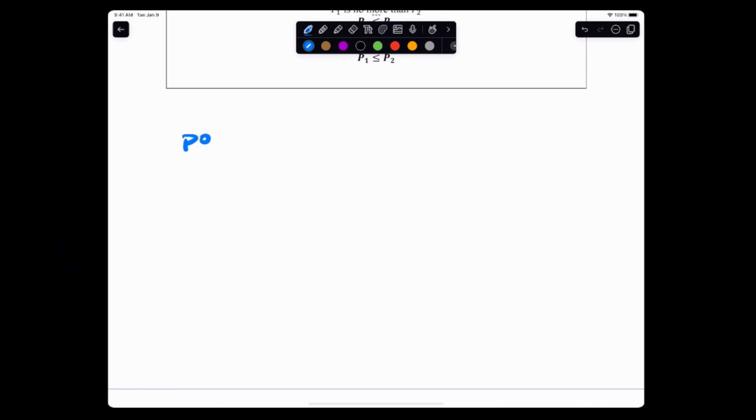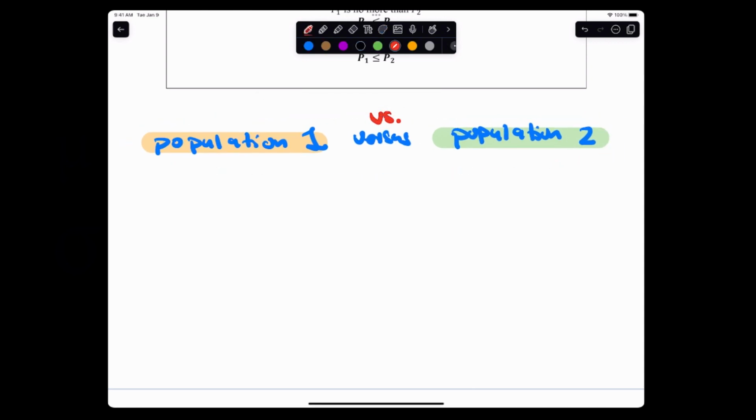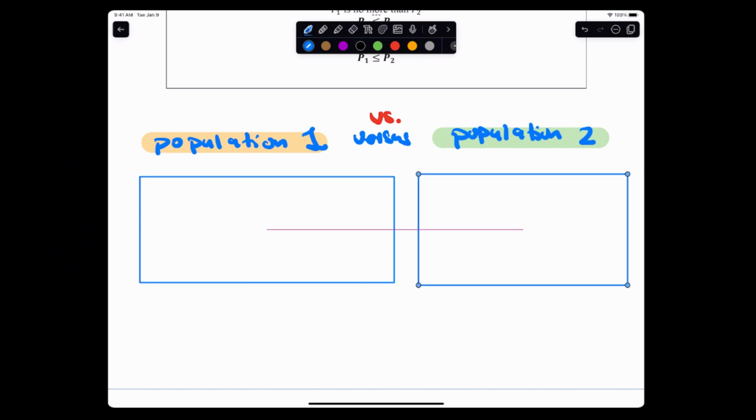Population 1 versus population 2. Okay, so you got population 1 versus population 2.